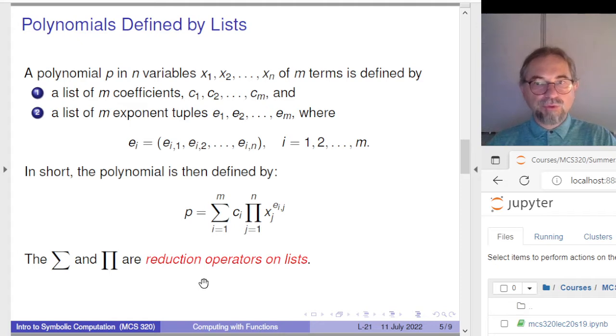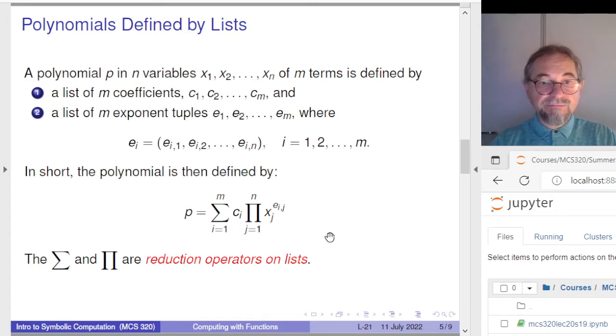Looking at a polynomial in several variables, again the n is the number of variables. The other important dimension now is the number of terms. That's the m. So we have m terms, that means m monomials, m exponent tuples, and m coefficients. So 2 lists define the data for a polynomial in n variables.